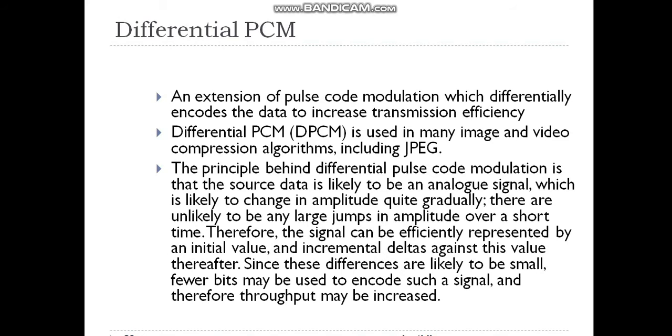Therefore, the signal can be represented by an initial value and some incremental deltas against these values. The differences are likely to be small, and therefore the throughput is increased. So encoding such a signal gives a good result.